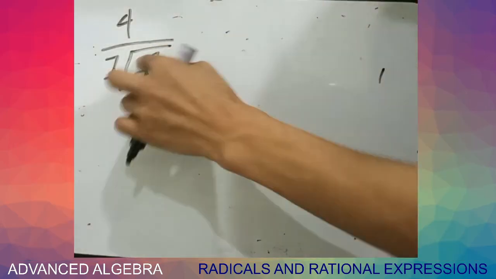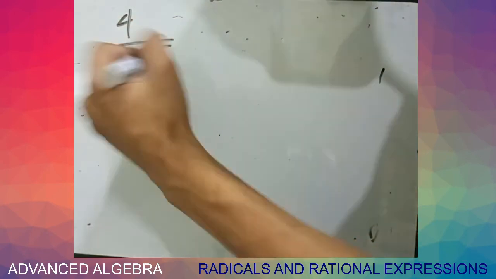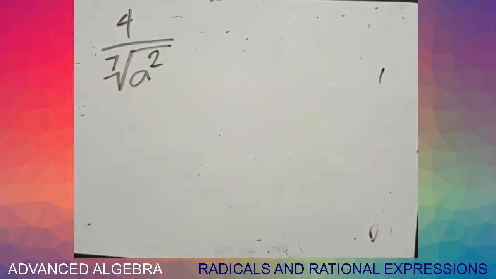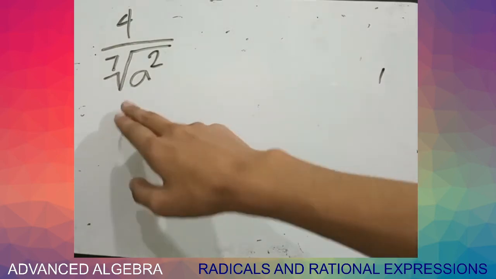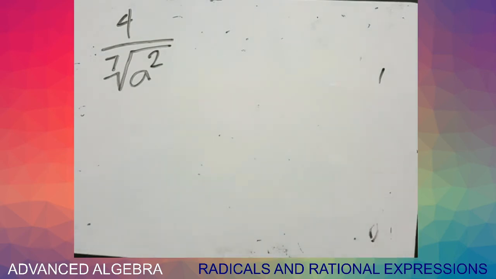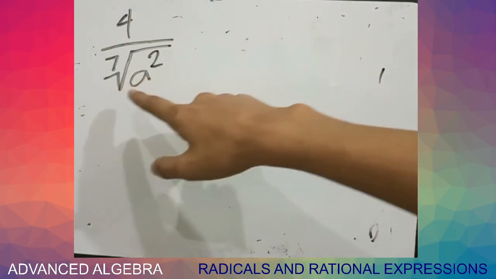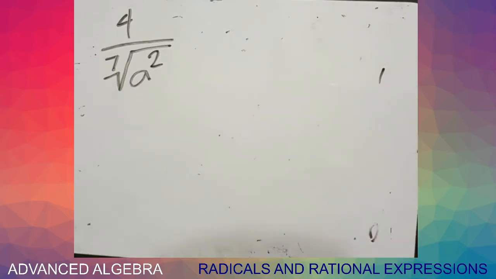Okay, ito to ha. So 4 over the 7th root of a squared. So paano natin siya isusulat as rational exponent? So gagawin natin, yung may radicals, gagawin muna natin siyang may exponent. So to-transfer natin si 7th root of a squared into rational exponent. So paano yan?